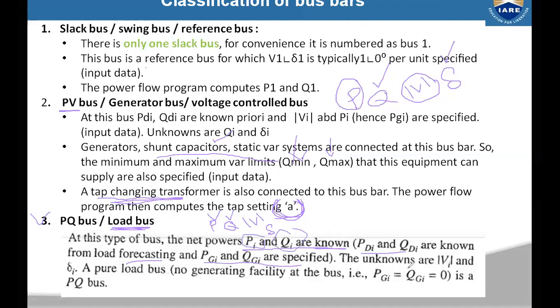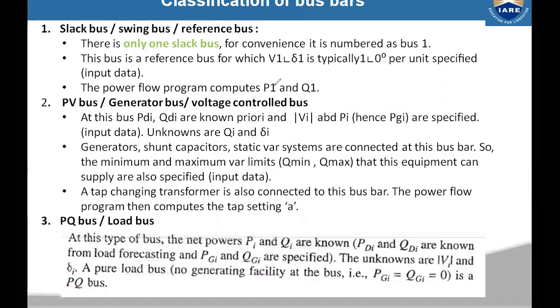Now unknown variables are magnitude of V and delta. A pure load bus is a PQ bus, which means there should not be any generating facility. That means generation at this bus is 0.